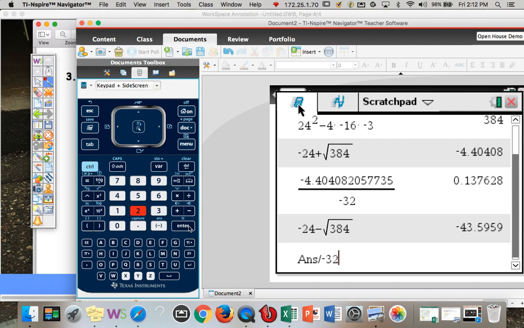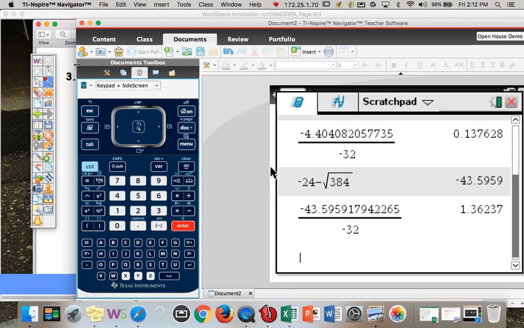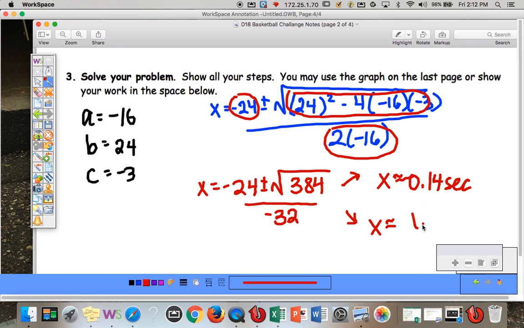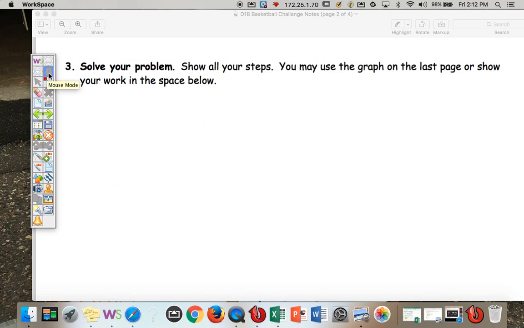And here's the second time it hits the basket, after 1.36 seconds. All right, so this is when it will hit the basket. Here's the first time it hits 10 feet. So you can use the quadratic formula to find when it hits 10 feet, but you do need to get 0 on one side first.